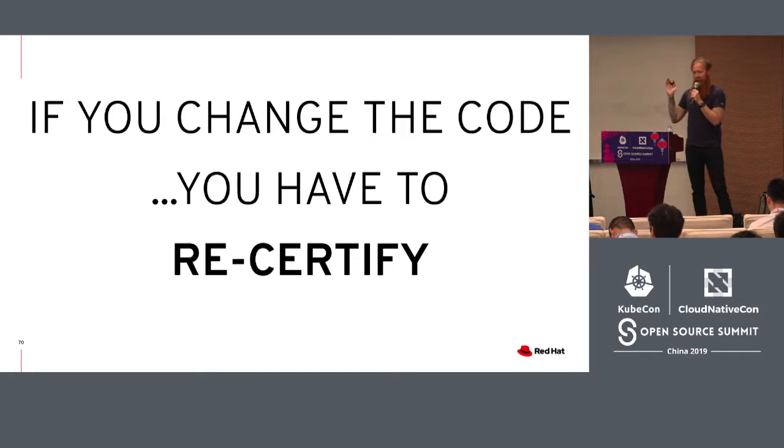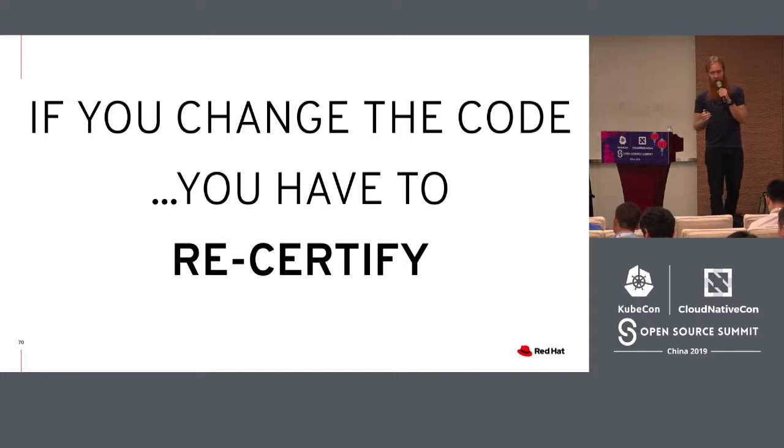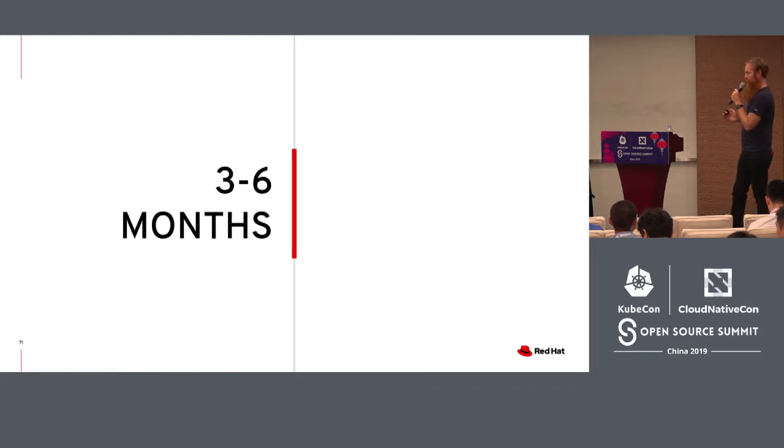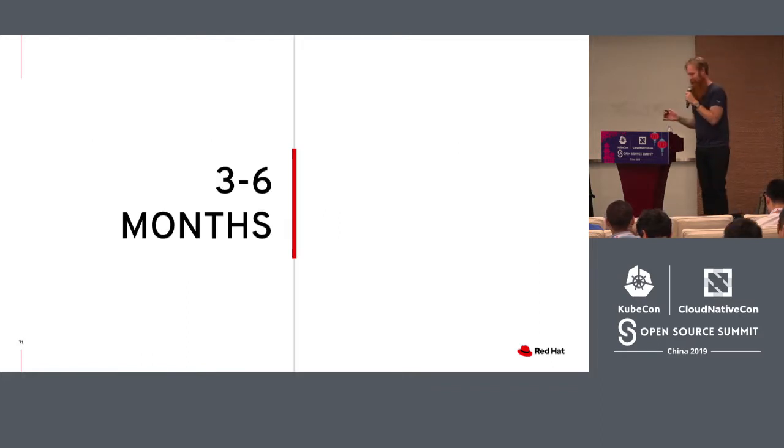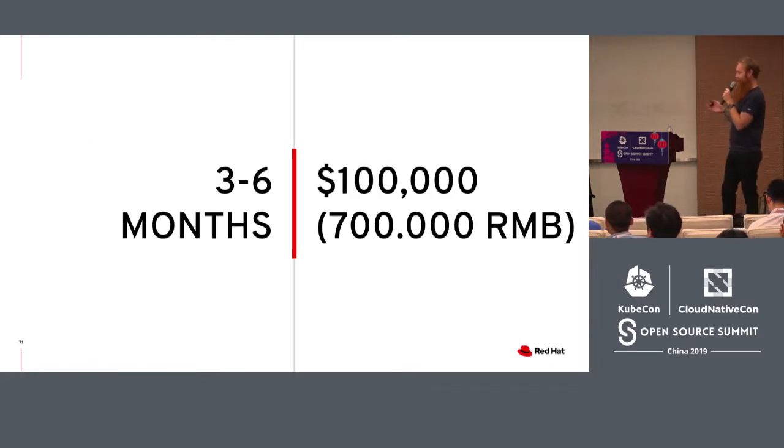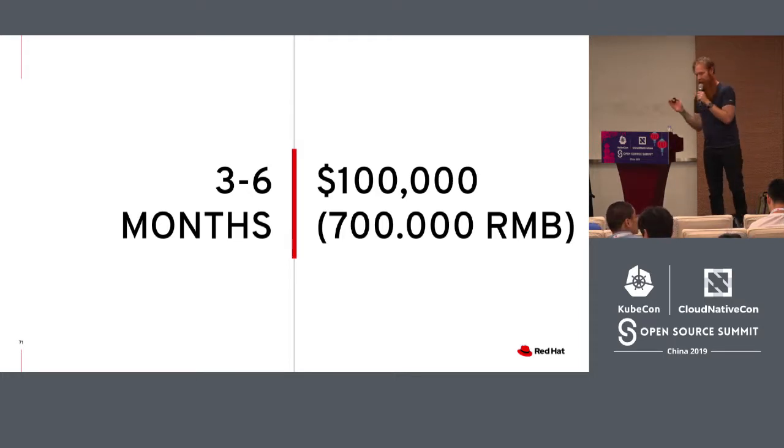This is a massive pain in the behind. Certification is conducted by these independent auditors that are contracted by the vendor who produces the software. Due to this, it generally takes a minimum of 3 to 6 months and can cost over $100,000. So again, 3 to 6 months and over $100,000 anytime you make a code change.